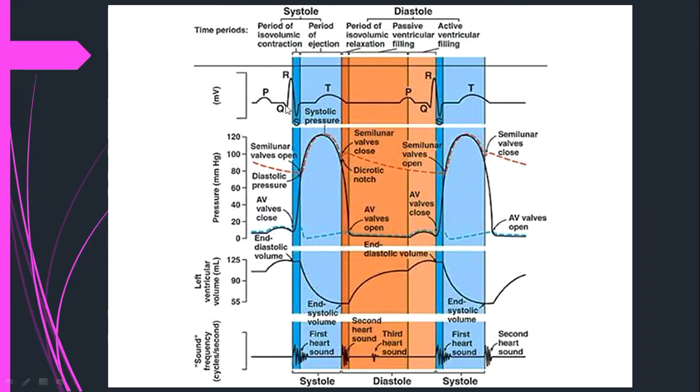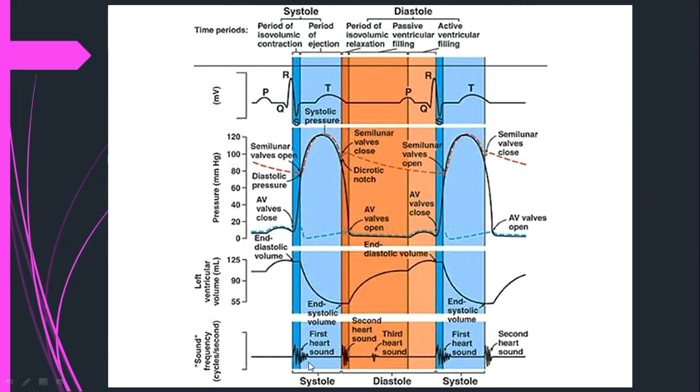During this Q to R wave, you can see the pressure start to increase in the left ventricle again from zero. During this left ventricular contraction, the AV valve will be closed. This AV valve closing makes a sound that is heard or detected, which is your lub sound.